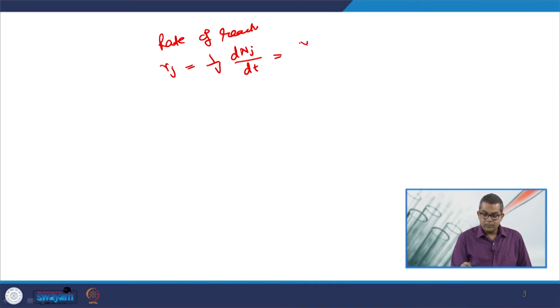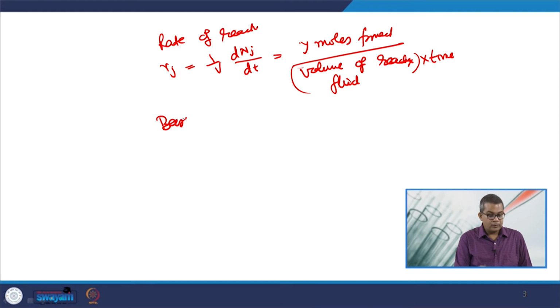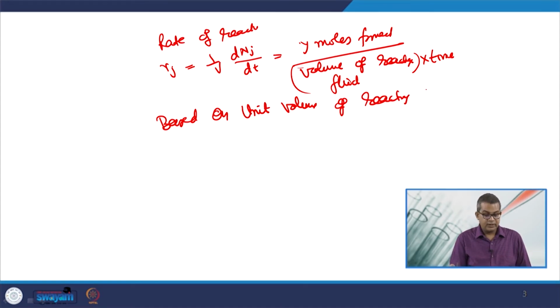Here it is the moles formed divided by the volume of reacting fluid multiplied by time. This is based on unit volume of reacting fluid.